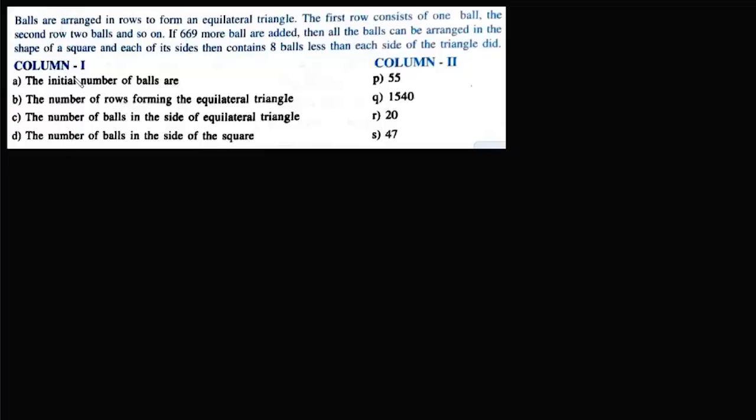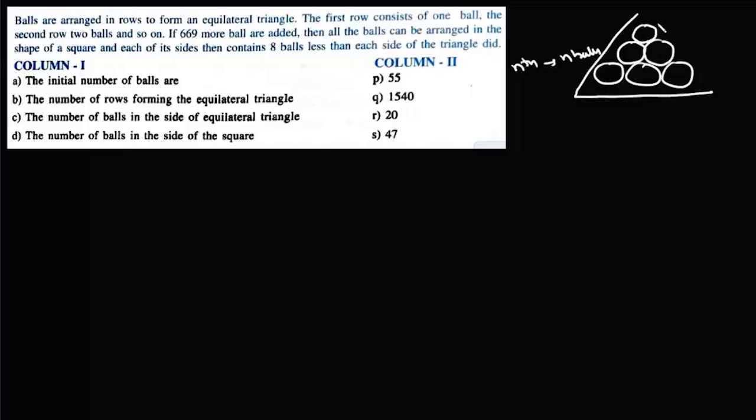Now here the question is, balls are arranged in rows to form an equilateral triangle. The first row contains 1 ball, the second row contains 2 balls, the third row 3 balls, and so on and so forth. So any nth row will contain n balls. Now here we have formed an equilateral triangle.